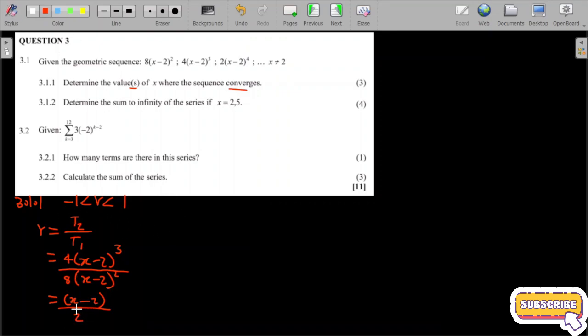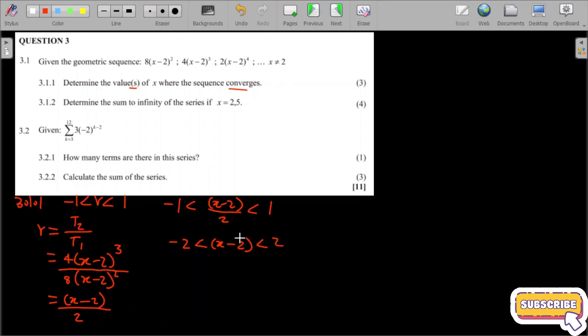Now taking this ratio, it is -1 < (x - 2)/2 < 1. Cross multiply both sides: 2 times -1 gives -2, less than x - 2, less than 2 times 1, which is 2.